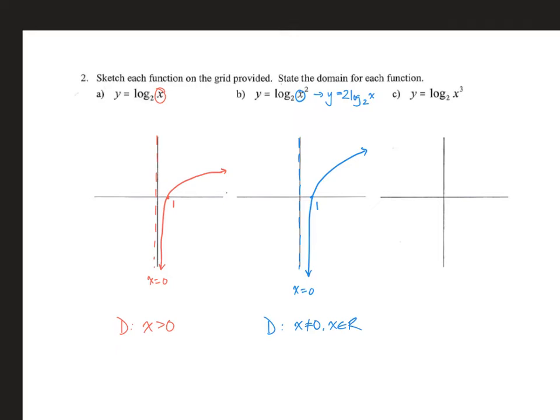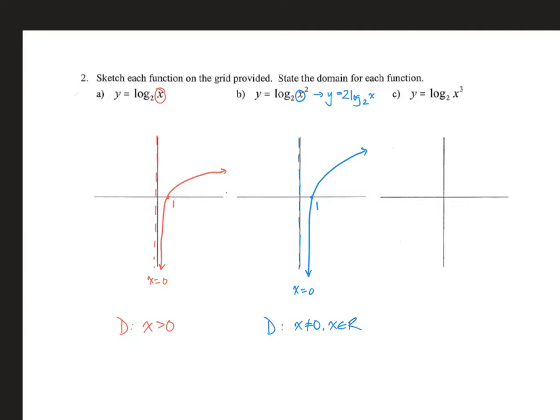Now I have a bit of an issue. I recognize my domain is that case, however, my graph doesn't match that. Maybe we can see how we can make our adjustment. Notice that if I was to sub in a -1 for x, then when I square it, it becomes 1. And 2 to what exponent gives me 1?